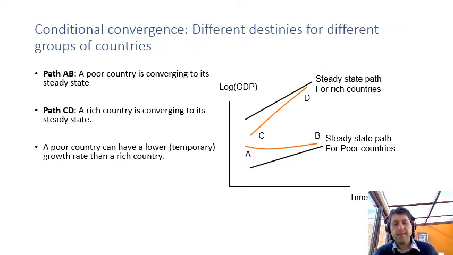When you bring this equation to the data, you actually find evidence for what we call conditional convergence, that there is a steady state growth path for rich countries and a steady state growth path for poor countries. Okay, and each of these subsets of countries are indeed converging, but they're converging to different paths.